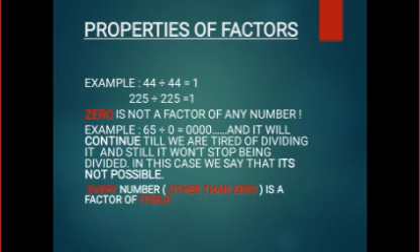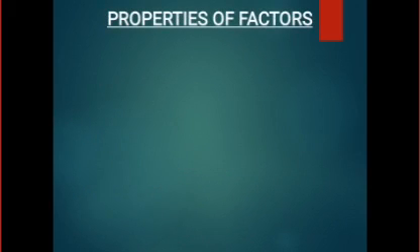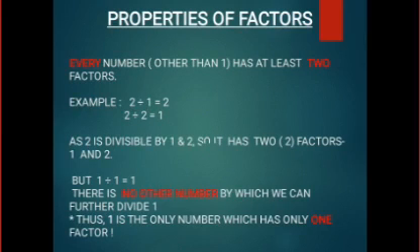Now let's see another property. It says every number other than 1 has at least 2 factors. For example, when I divide 2 by 1, I get 2. Or if I divide 2 by 2, I get 1. So 2 is divisible by 1 and 2.